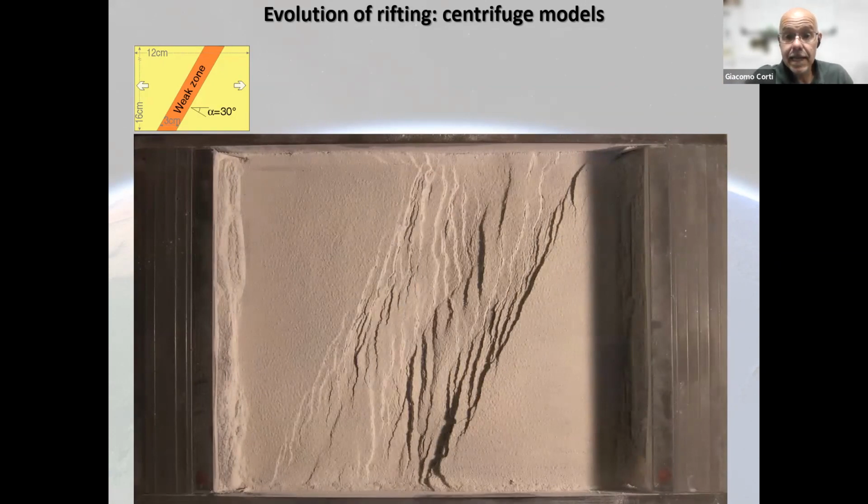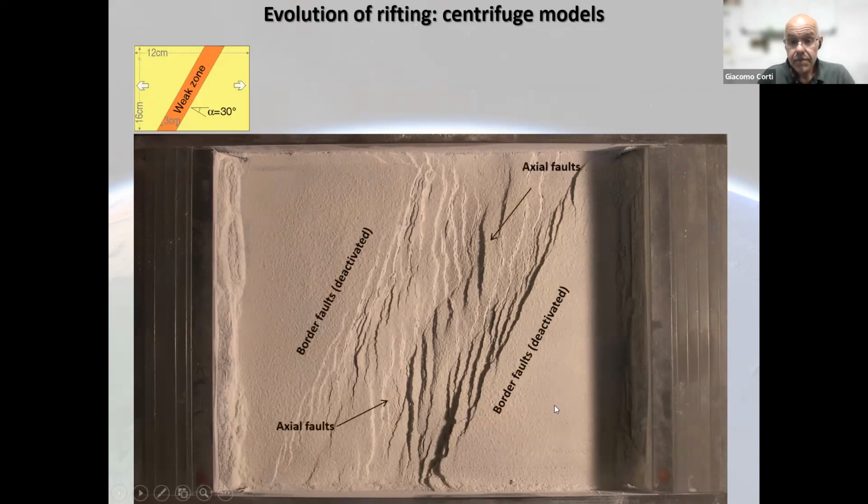In this case, you see that we have faults at the rift axis, with a trend different from the boundary faults. They are now orthogonal to extension, and the picture of the deformation has changed quite dramatically. We see the development of axial faults and a decrease in the activity of the border faults.